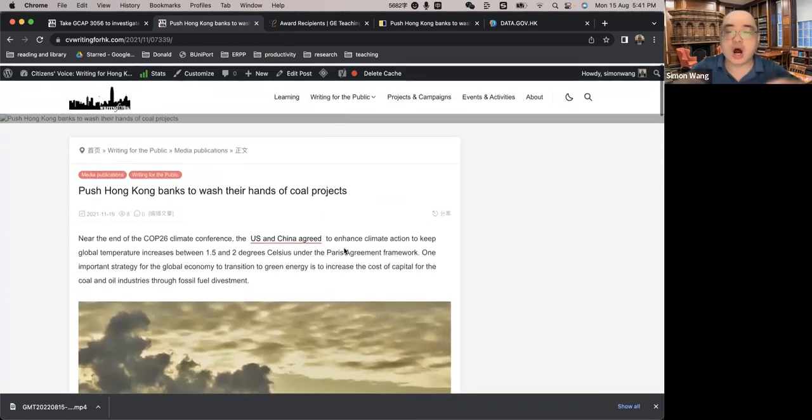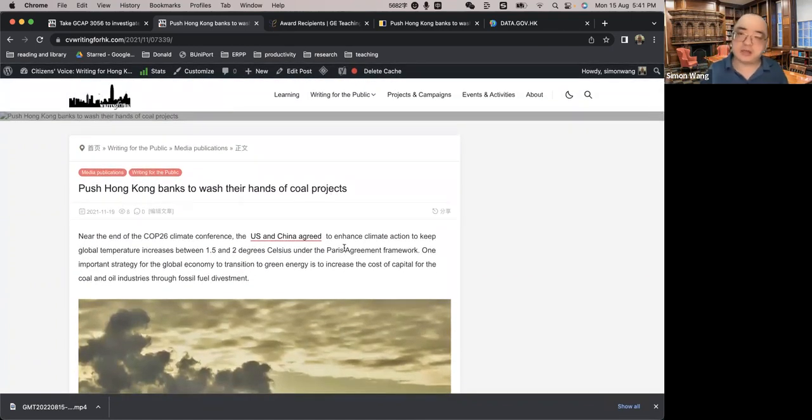So our argument, based on the information we gathered from the Securities and Futures Commission and the Hong Kong Monetary Authority, as well as some other documents and research, is this: if we really want to encourage more investors to stay away from the fossil fuel industry, then we have to change our policy. We have to start requiring more disclosure regarding this particular kind of investment.